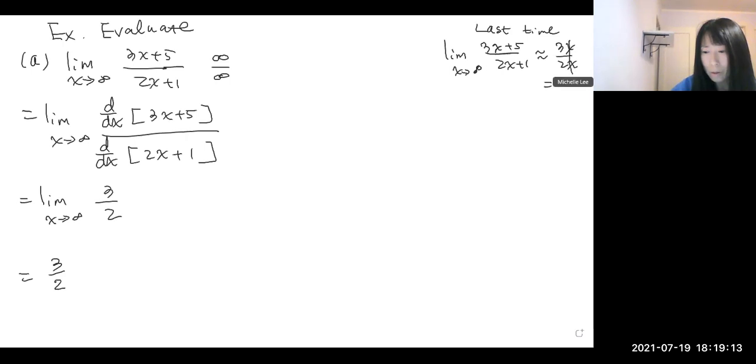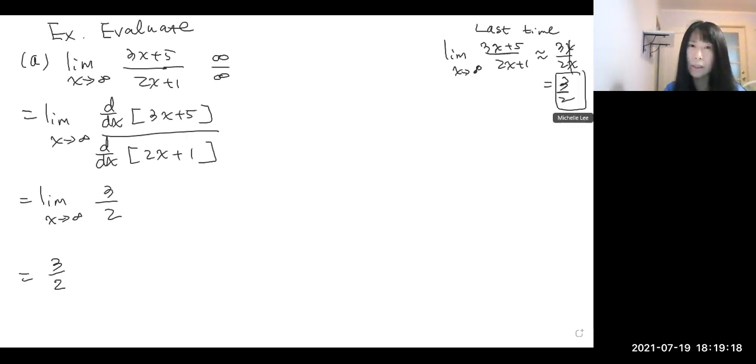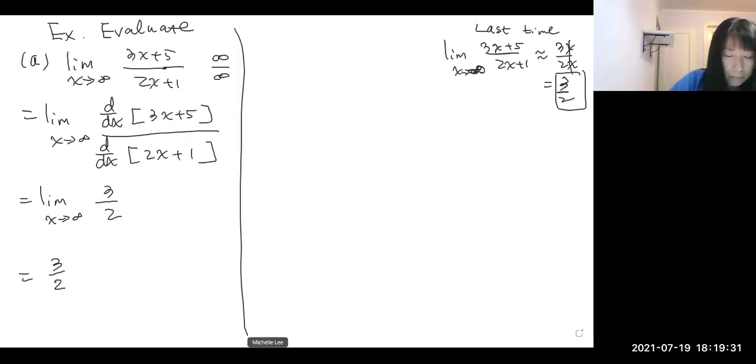Then we get 3/2 because of this reason. So x approaches positive infinity. Okay. All right, second one.